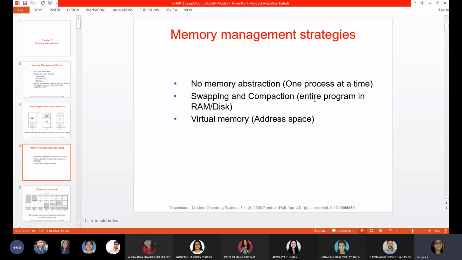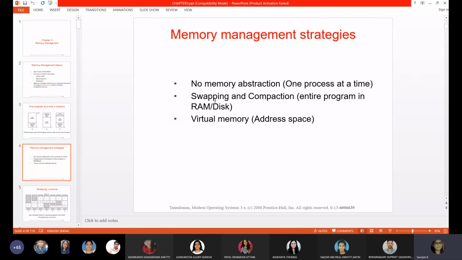At that time, the facility to keep half of the process in one memory, and the remaining half that is going to be executed immediately in RAM, was not invented. That time the operating system used swapping as a technique.